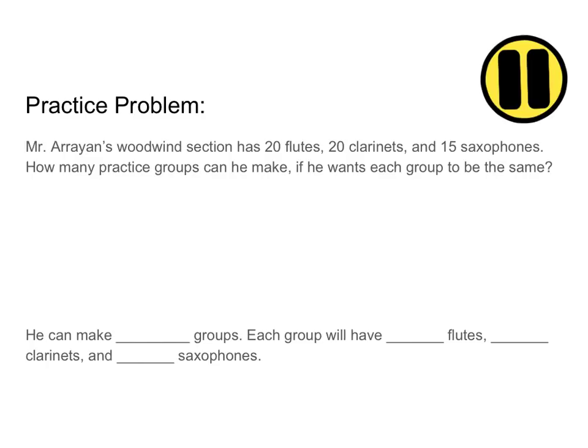So the woodwind section has 20 flutes, 200 clarinets, and 15 saxophones. How many practice groups can he make if he wants each group to be the same? So that doesn't mean that there's the same number of clarinets as saxophones in one particular group. What it does mean is that each group is the same as each other.